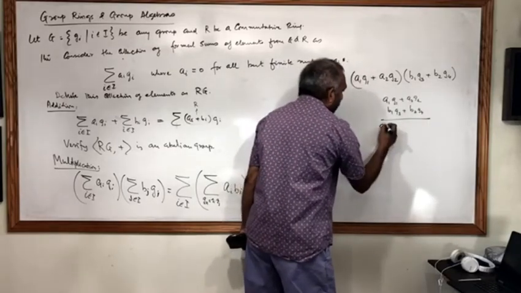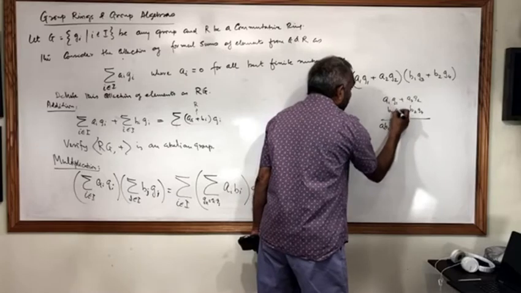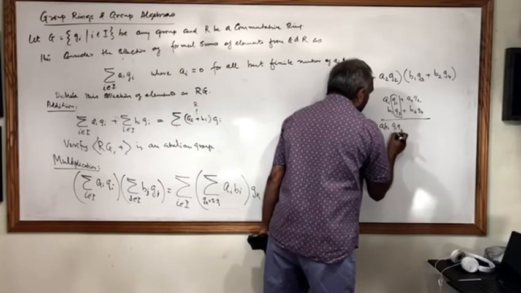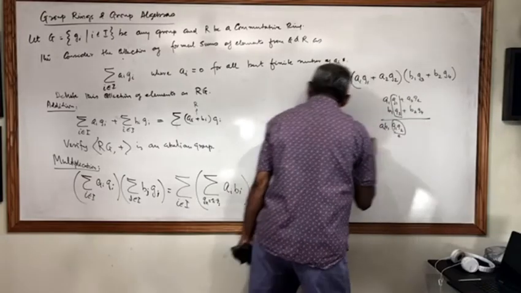So this is A1 B1 G1 G3, and that is our Gk.